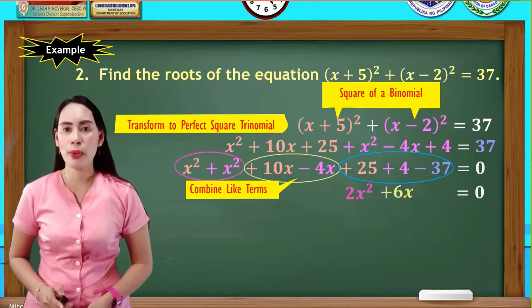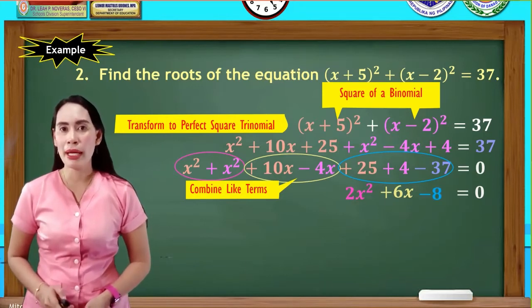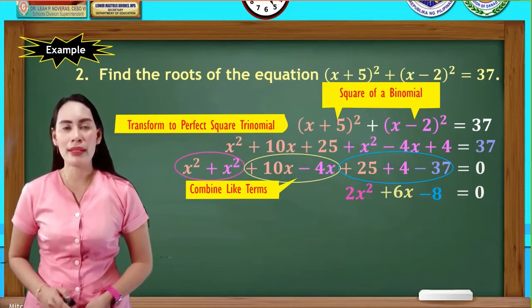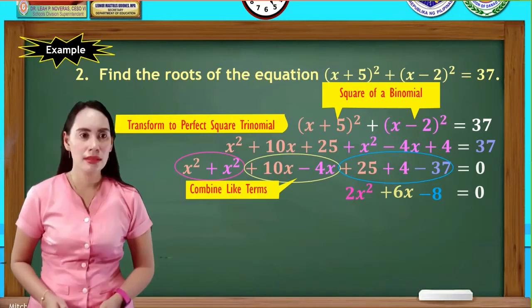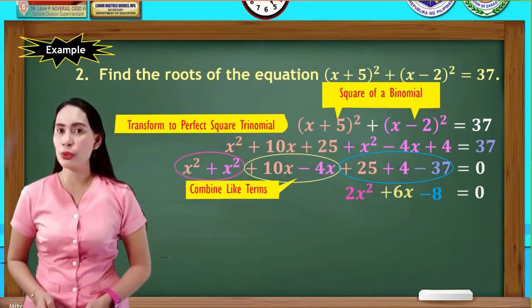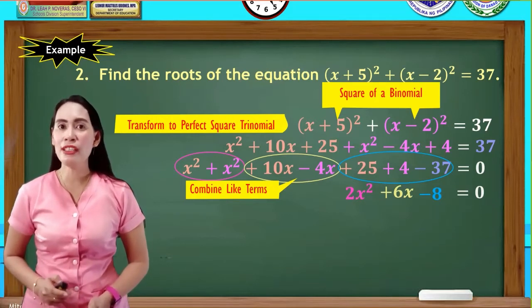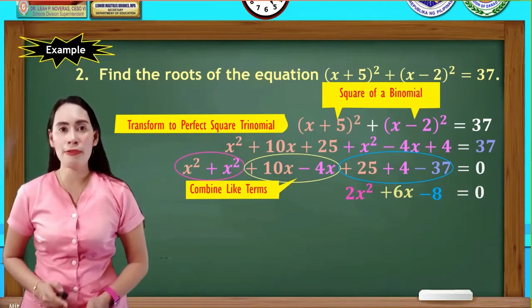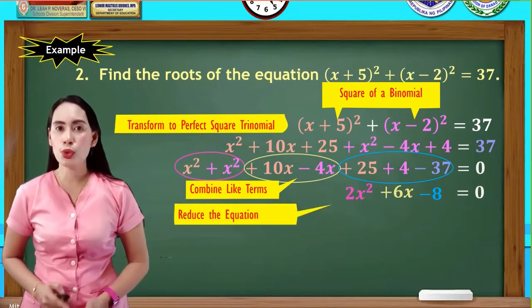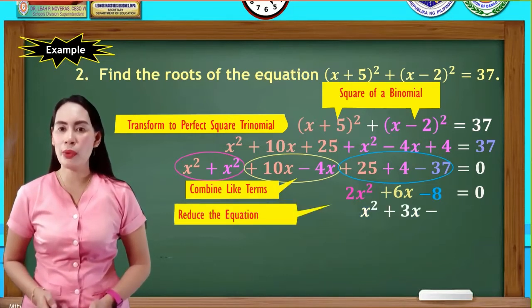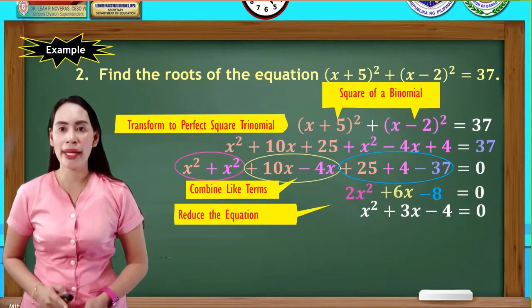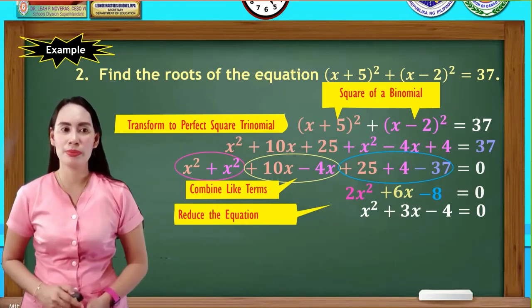Next, 25 plus 4 minus 37 equals negative 8. Then equal to 0. Reduce the equation by dividing each term of the equation by 2. So the reduced equation is now x squared plus 3x minus 4 equals 0.